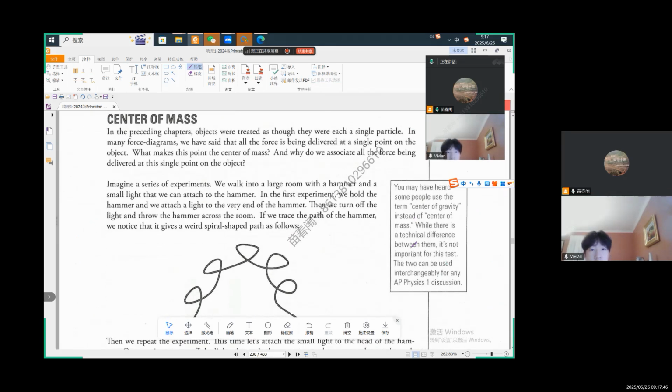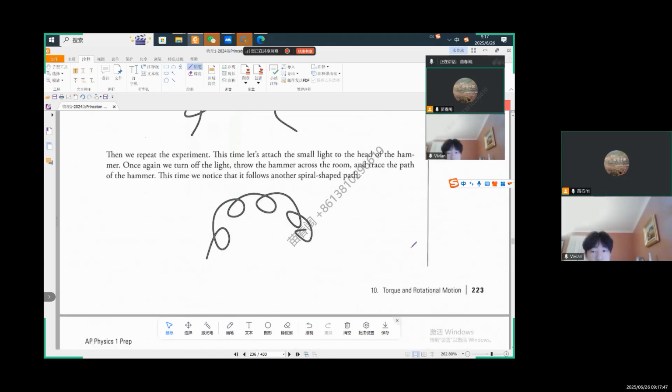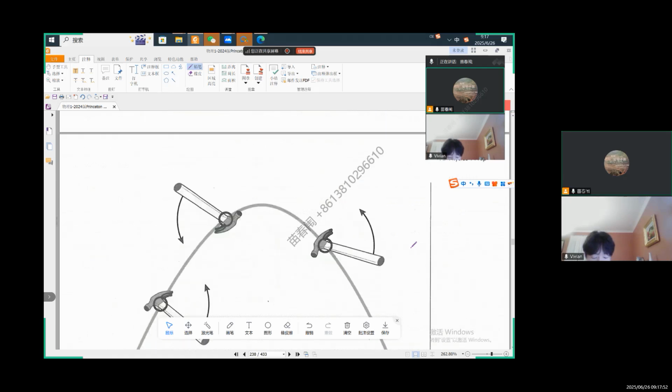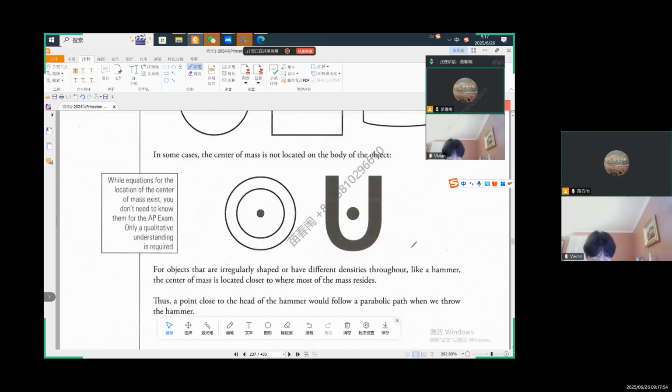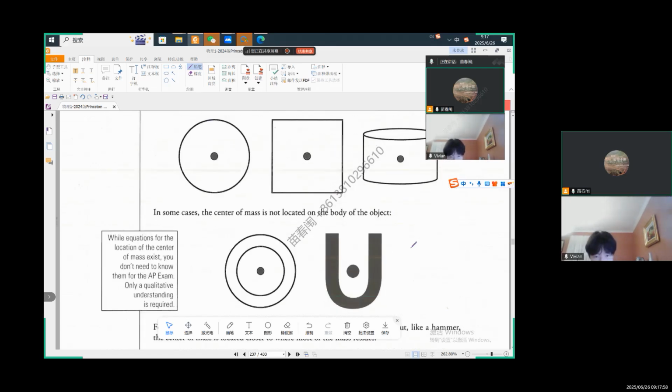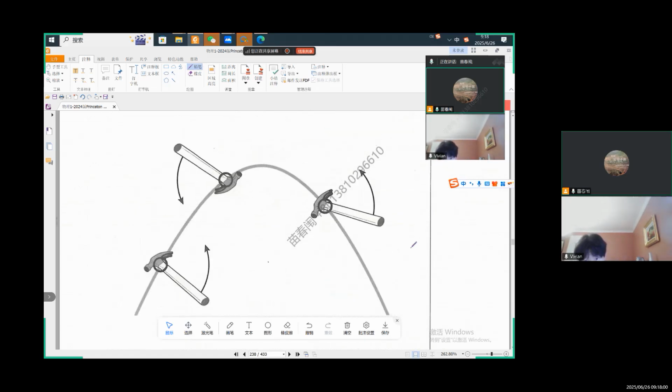Center of the mass. Well, let's skip this. So this is basically what he is using here: this hammer.